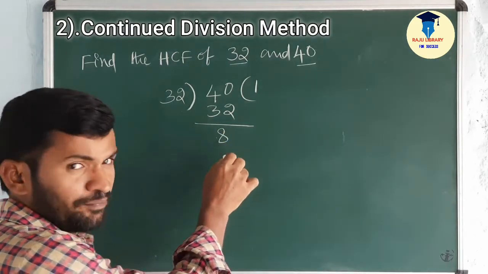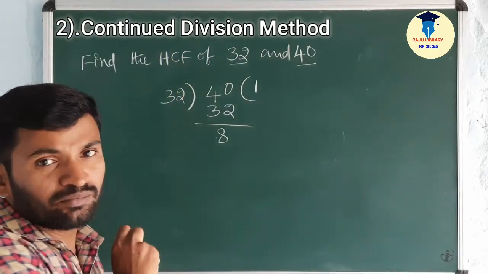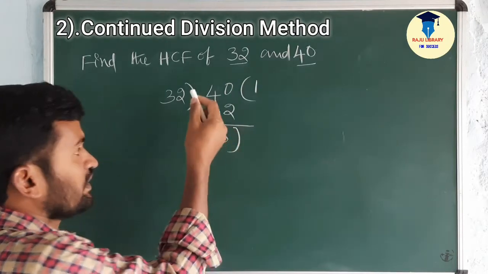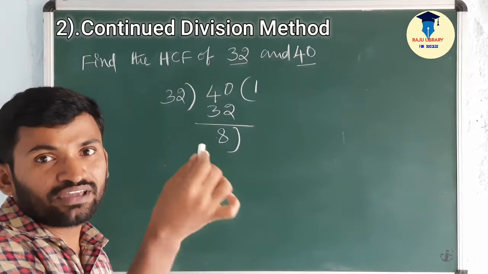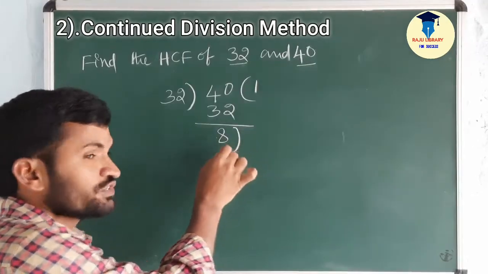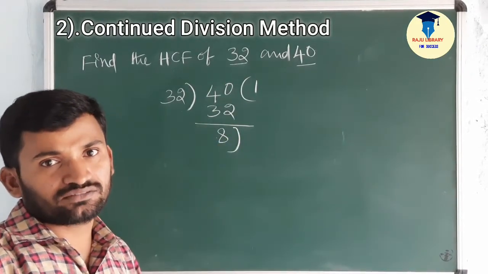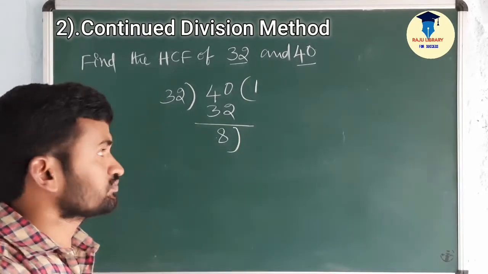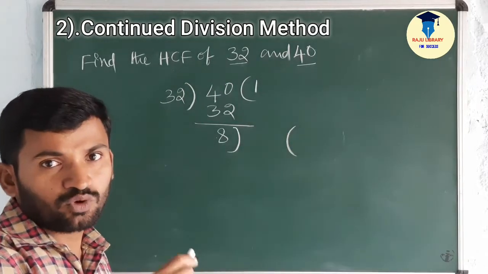In this step 8 is the remainder, but continued division method means what? We have to continue from here onwards again. Whatever remainder we got here, we have to take that as the divisor for the next step. Here the remainder becomes the divisor. Then we need one more dividend.